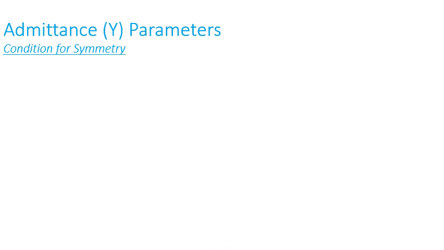Now, condition for symmetry. The condition for symmetry is that the input port voltage to current ratio when V2 is 0 should be equal to the output port voltage to current ratio when V1 is 0.